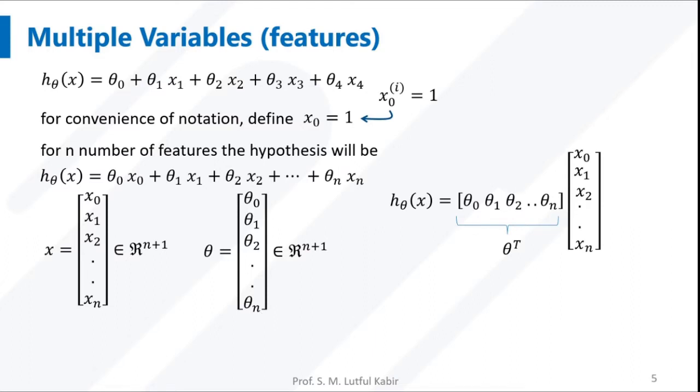If we notice carefully, this matrix is nothing but the transpose of this matrix, and the dimension of this theta transpose is 1 multiplied by n plus 1. The number of rows is 1, and the number of columns is n plus 1.